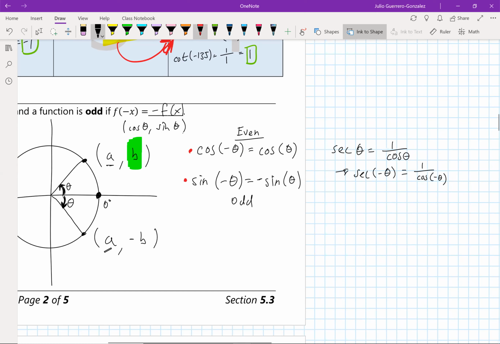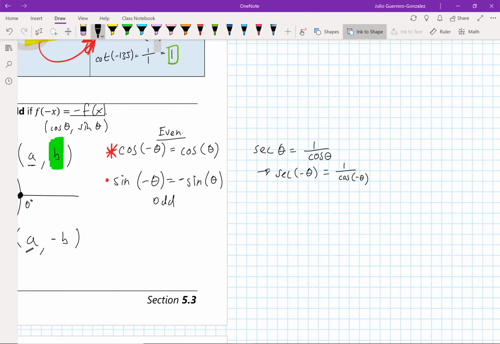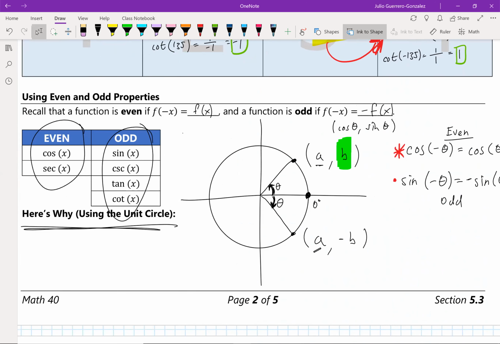Because of this very first one here, we know that's positive theta. 1 over cosine of theta, which is just secant of theta. So secant is even. So secant of negative theta is equal to secant of theta.